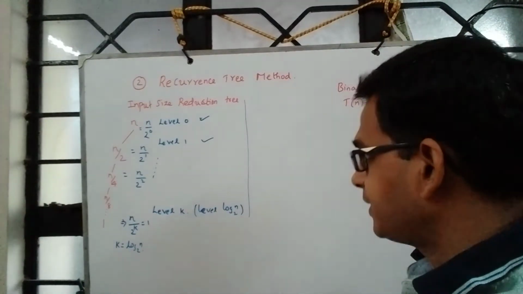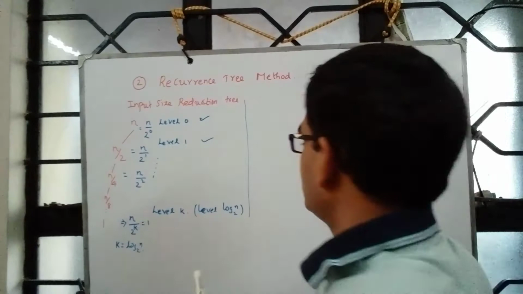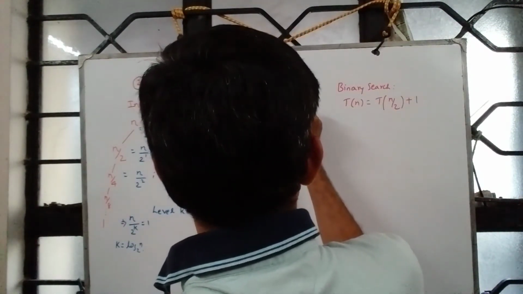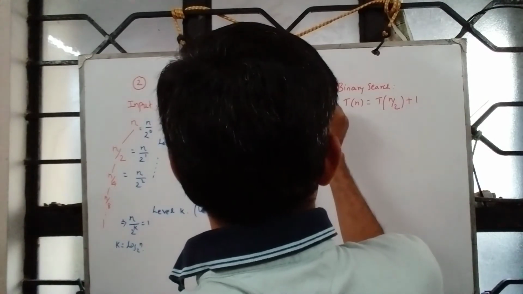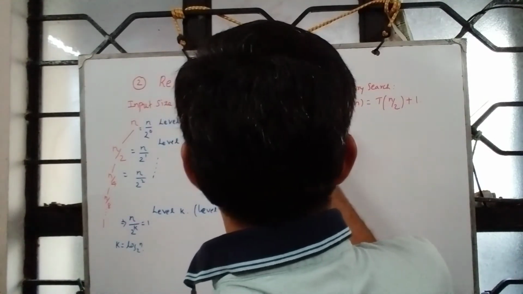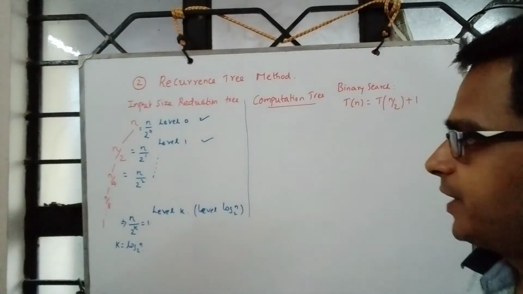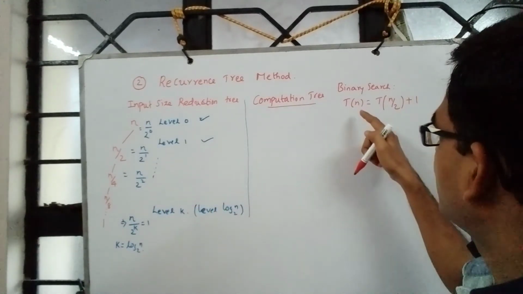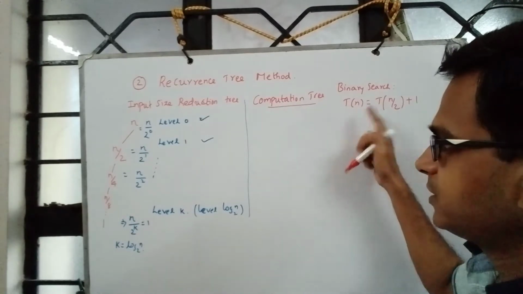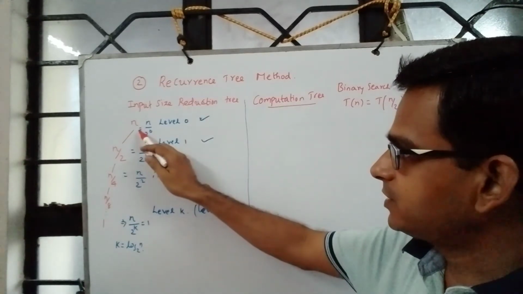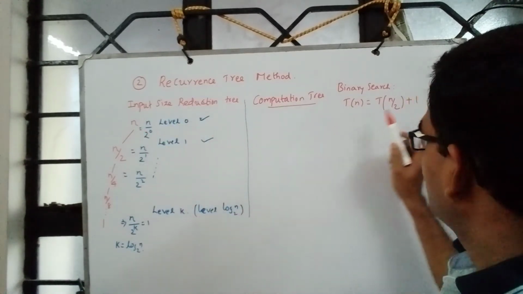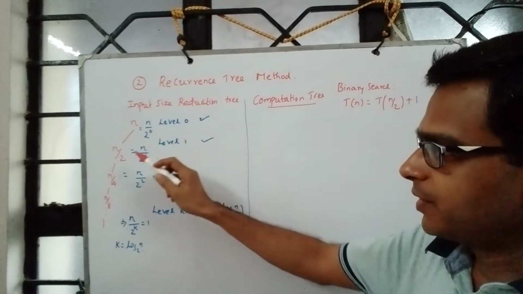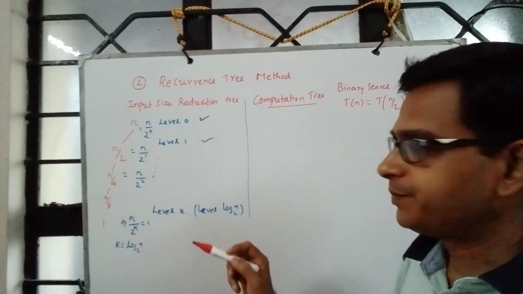Now this is on one side. On the other side, what we have is something called computation tree. Using this tree we calculate how much time we spend at each level. If you look at say binary search, we see that at this level we make one comparison and prune 50% of the problem and work with n by 2.